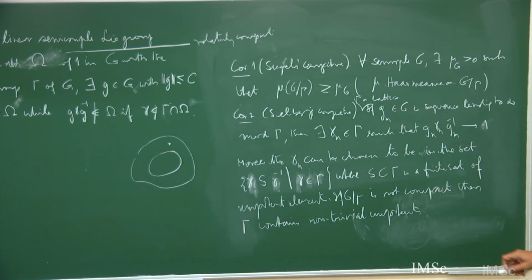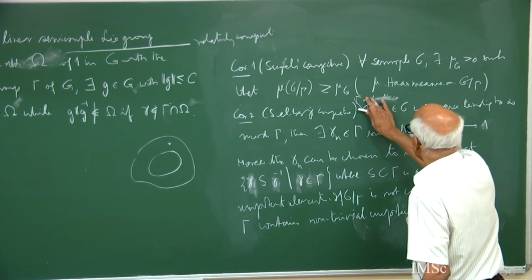That is the Selberg conjecture. In fact, one can replace this by saying gamma is an L subgroup.